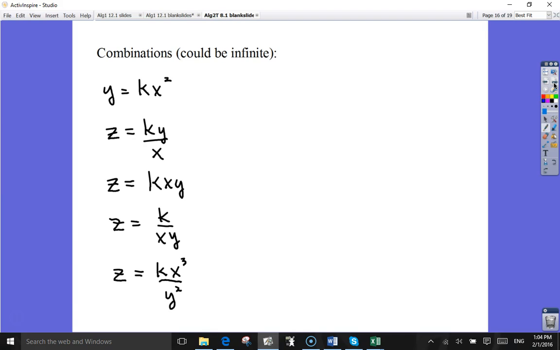Could you say inversely, jointly, combine it? No. You would say z varies inversely with the product. You don't use joint just because it's a product, because it's a denominator, right? So this is joint, this is inversely with the product. And then here's one, z varies directly with x to the third and inversely with y squared.